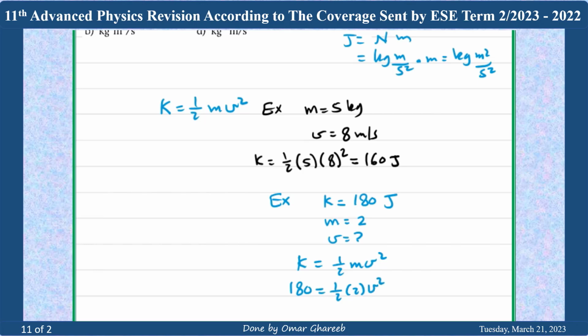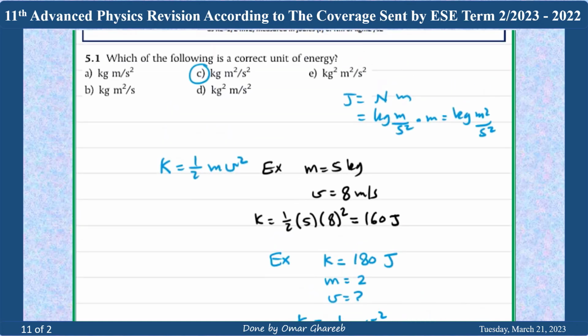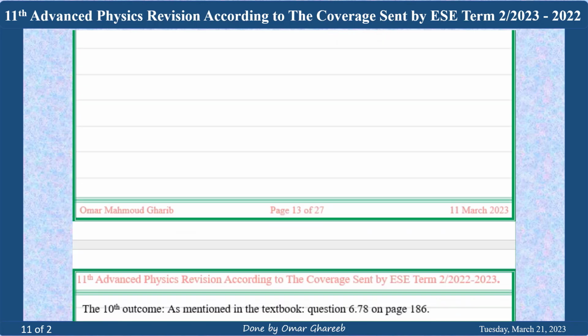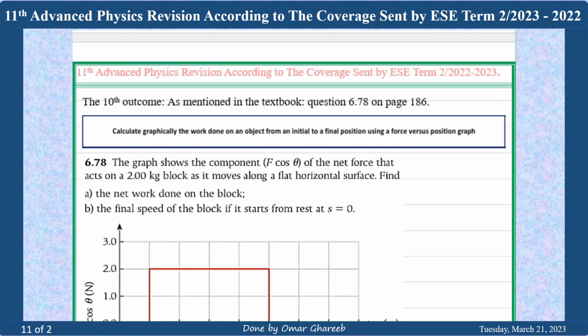If you solve this, you will find the velocity is almost 13.4 meters per second. That's it. So don't worry about a question like this, to find V if you know the kinetic energy and the mass, or the mass if you know the kinetic energy and velocity. It's very easy. Now let's go to outcome number 10.